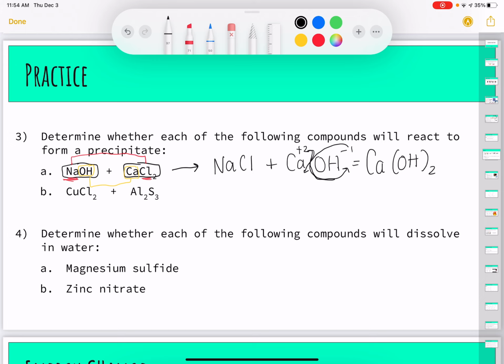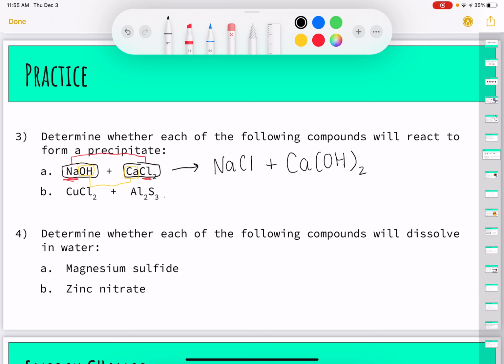See, this 2 goes down below the OH. Because it's a polyatomic, you need to write those brackets. So I was, sorry, just writing it like that, not really explaining, just because I've done this for so many years that I just automatically balance as I'm writing stuff. The NaCl balances, it's +1 and -1, so we don't need to worry about balancing that one.